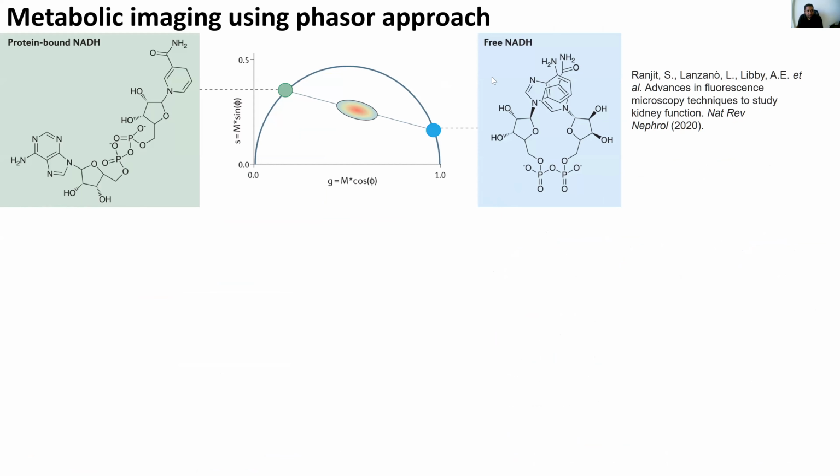We use protein-bound NADH and free NADH. Free NADH has a shorter lifetime, which appears here. Bound NADH has a longer lifetime and appears here. If it's just these two species, the distribution would always appear along this line, which is called the metabolic trajectory. The shift along this trajectory tells you what kind of metabolic changes are happening.